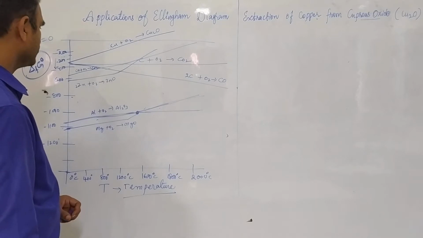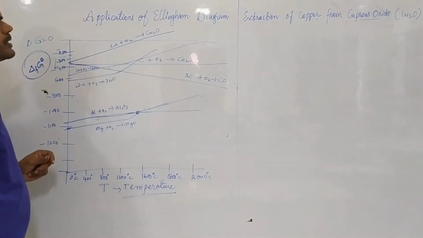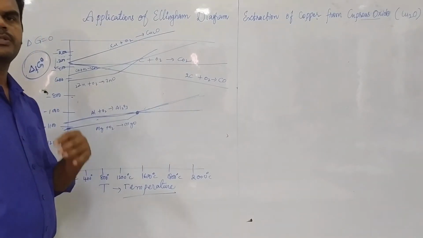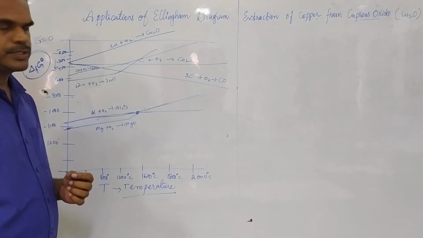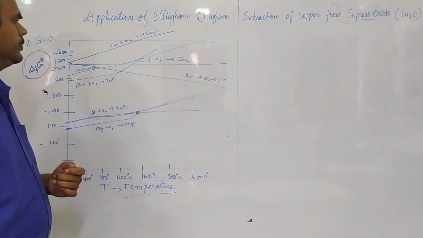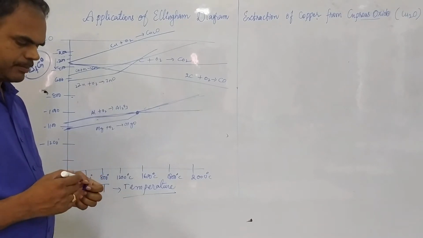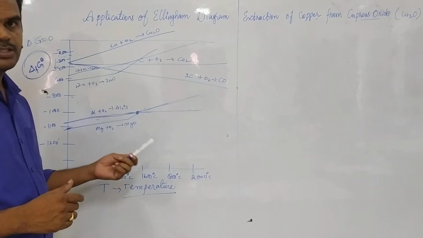And so the graphical representation tells about metal oxide formation, and whether the metal oxide formation happens spontaneously or non-spontaneously.